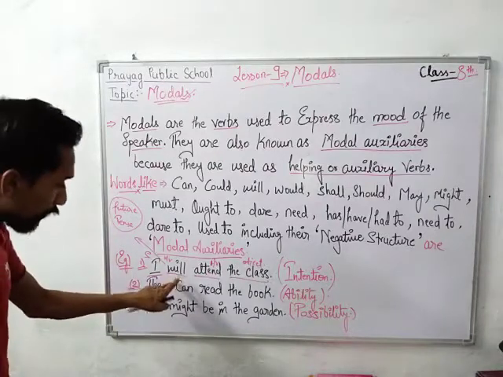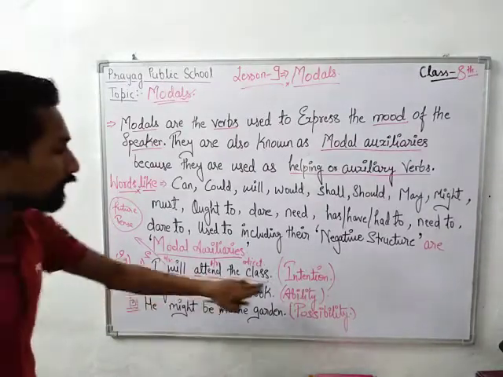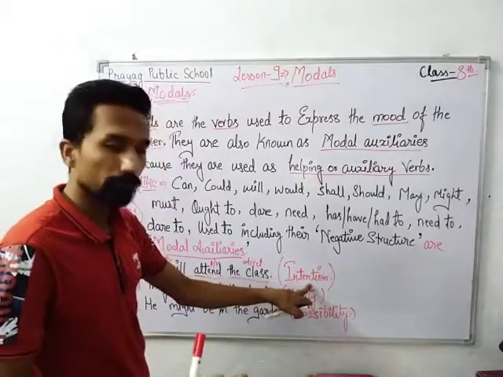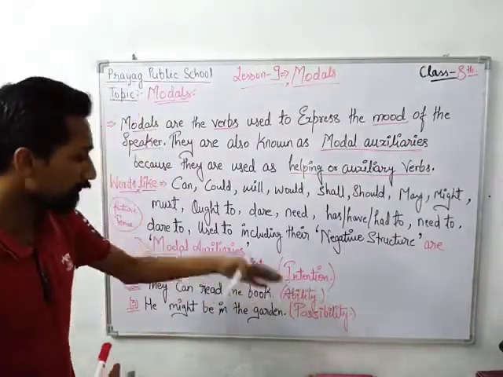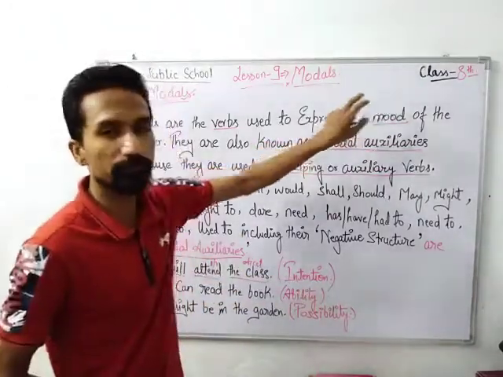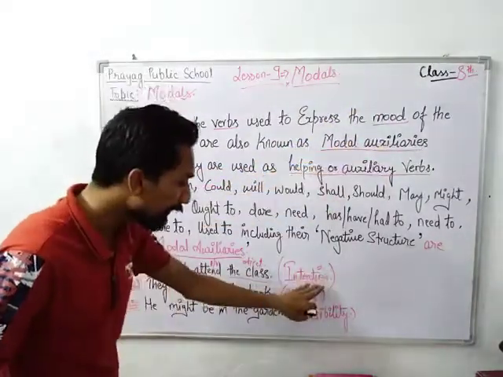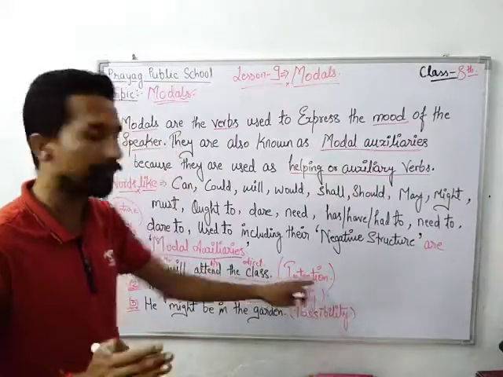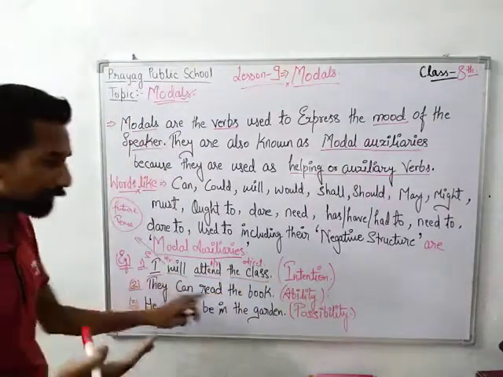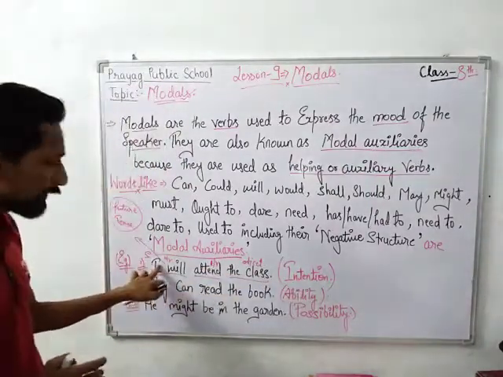Why? Because of this word only, what expression, what mood is getting expressed of the speaker? The mood of the speaker which is getting expressed is his or her or their intention, right? Like I लगा हुआ है, so that means let's take it as he.